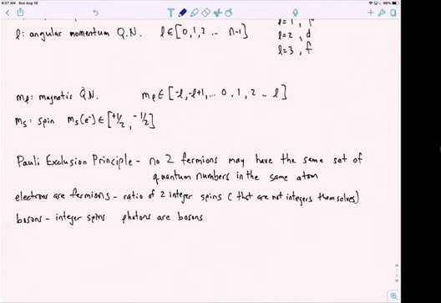Bosons, though, follow Bose-Einstein statistics. They do not follow the Pauli exclusion principle. Bosons have integer spins. So a photon is a boson. And what's interesting about bosons is that they can have the same set of quantum numbers.